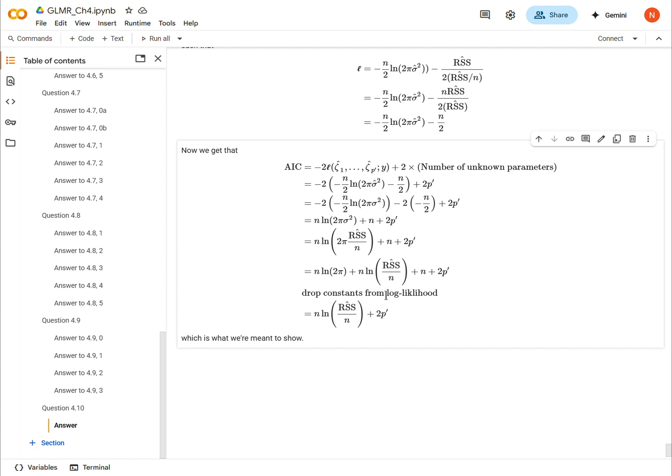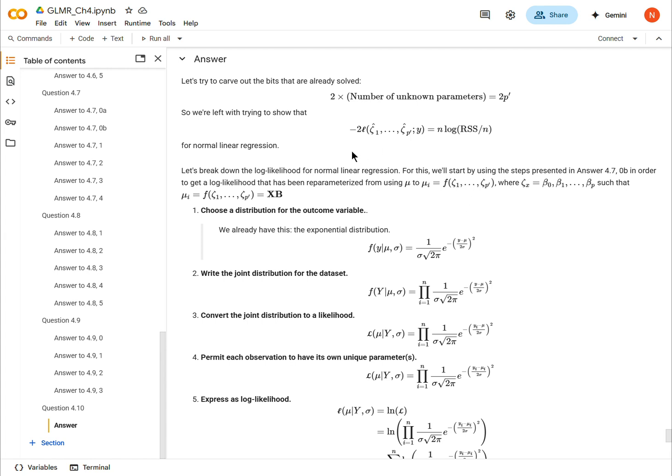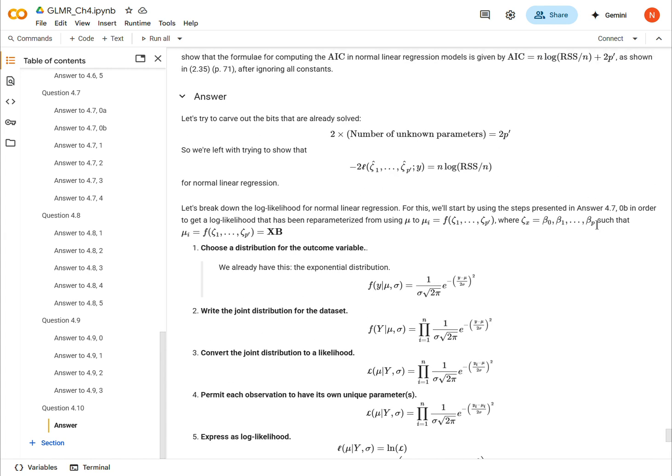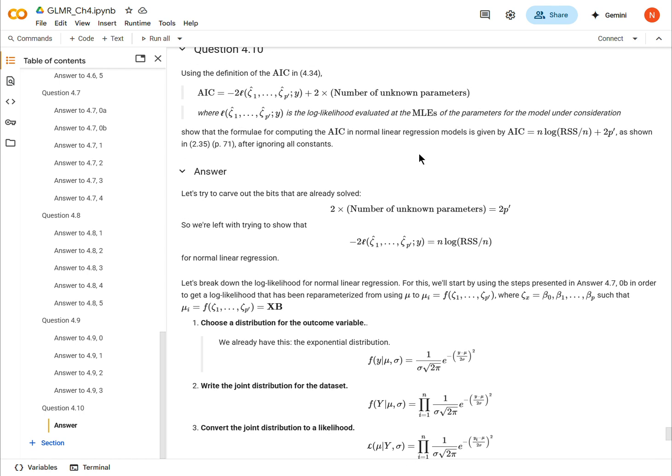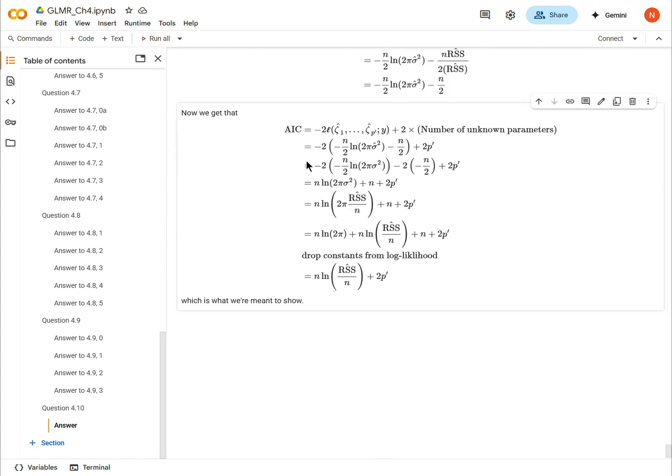And so then we get up to some additive constant, which is what we dropped. We get that the AIC as per this expression equals this expression, which is exactly what we were meant to show. That is expression 2.35. So I guess we will call that good, and we'll be moving on to chapter 5.